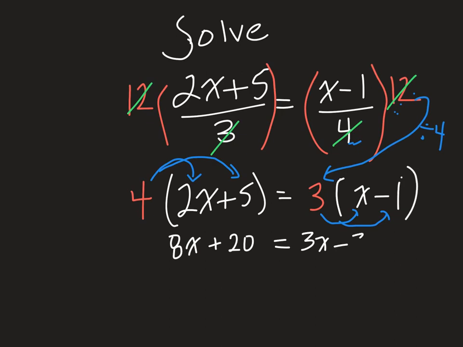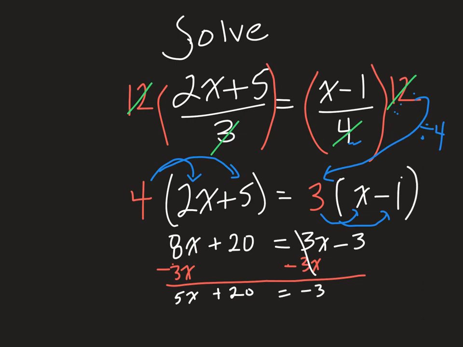Negative 3. Now I'll move my 3x over by subtracting 3x. Good. The 3x minus 3x cancels out, it's gone. 8x minus 3x gives me 5x plus 20 equals negative 3.